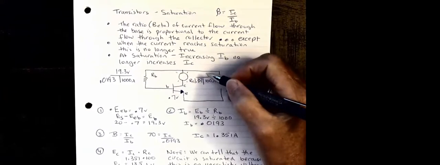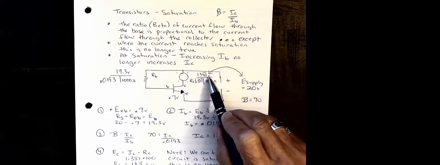The last thing I do is use Ohm's law: current through the load times the resistance of the load should equal the voltage at the load. So 1.351 times 100 gives me 135.1 volts. Now what I do is compare these two.